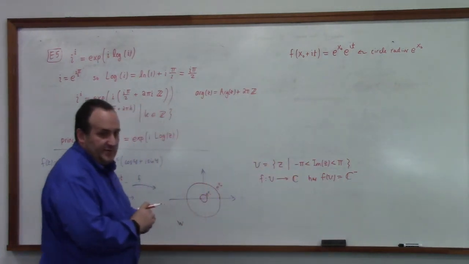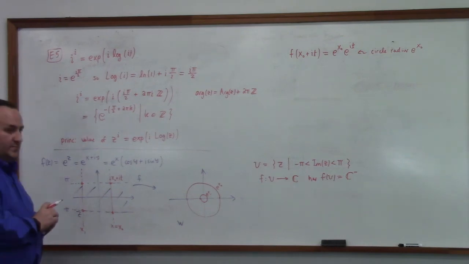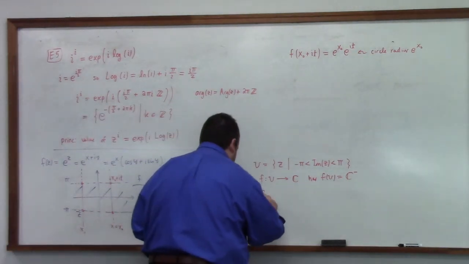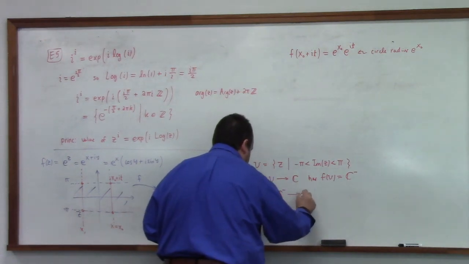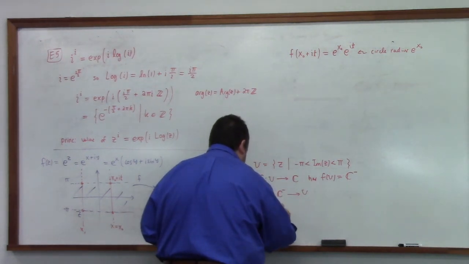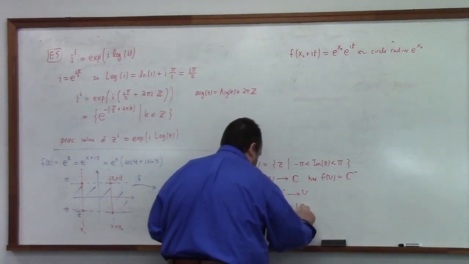And in fact, f inverse is the principal logarithm. So f inverse from C minus back to U is given by f inverse of w equals the principal log of w.